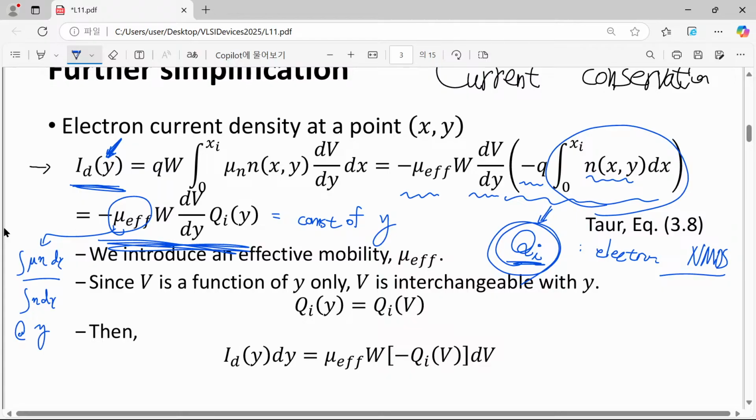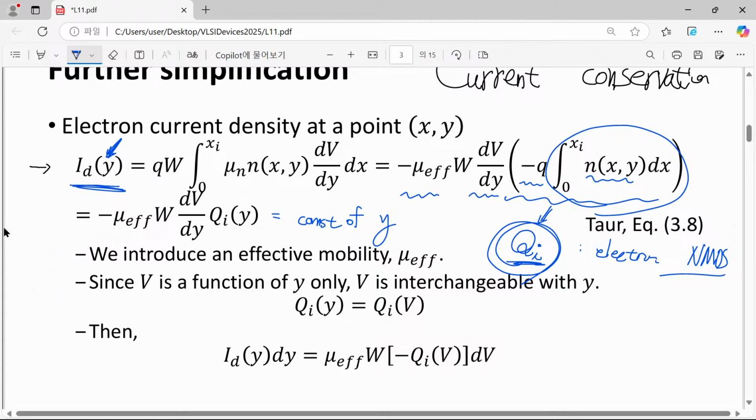It means that if we consider a different y position, then unfortunately this mu effective can also be a function of position y. But for further simplification, in many cases we just say that okay, this mu effective can be regarded as just a constant even for every y position. Yes, that is the thing we are doing currently. So please understand our hidden approximation.